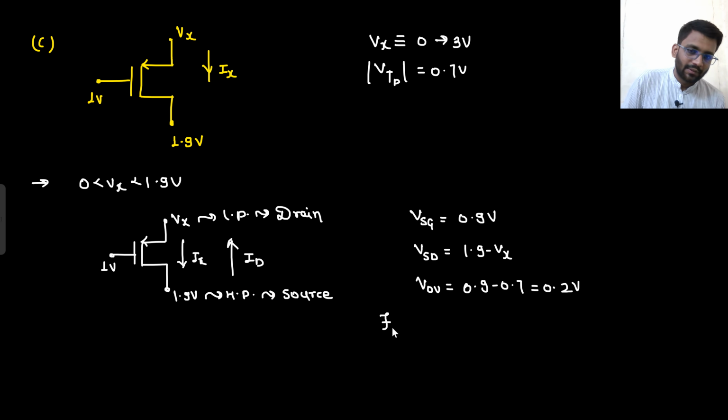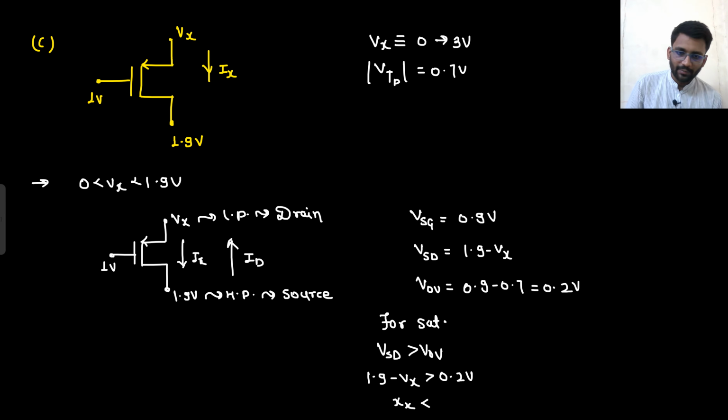For saturation, your VSD should be greater than V overdrive, right? What is your VSD? 1.9 minus Vx. That should be greater than V overdrive, that is 0.2 volt. So Vx should be less than 1.7 volt.